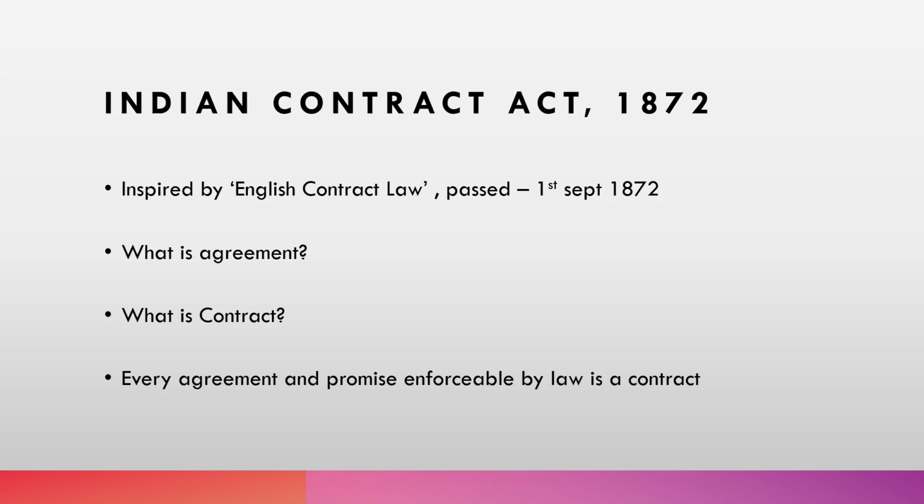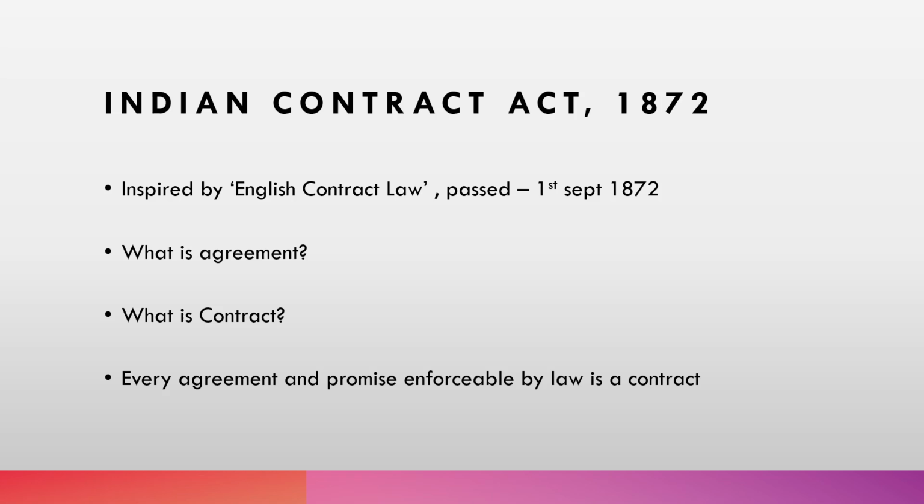And suppose he is not paying the money, or not paying the interest in return of that loan, then the other person or the seller can file a case in the court. So the buyer is liable to explain about it to the court. So this is called contract.